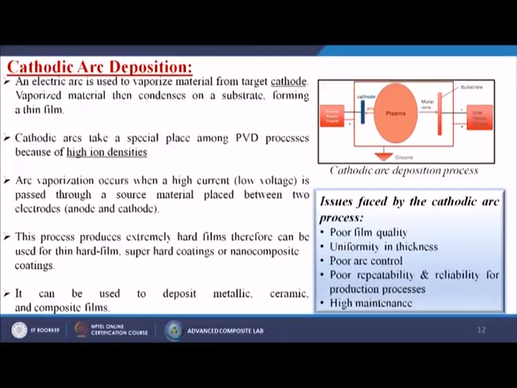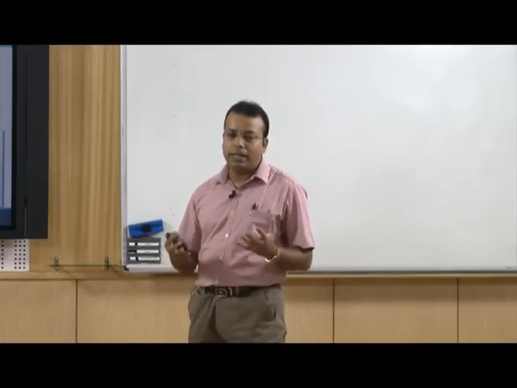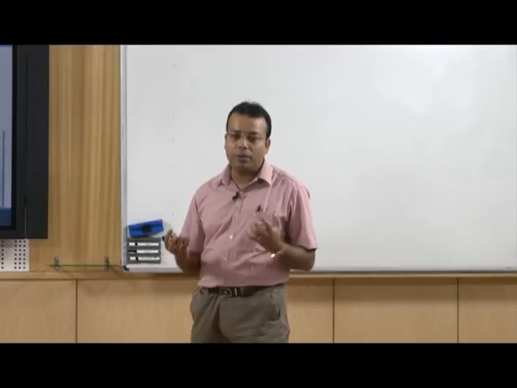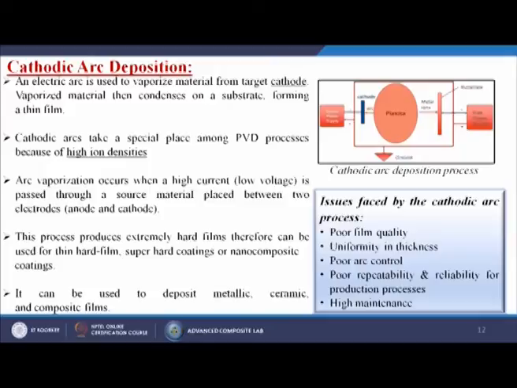So, cathodic arc takes a special place among PVD processes because of high ion densities. The technique may be matched 90% with other techniques, but here the density of the ions we are getting is more than in the other processes. Arc vaporization occurs when a high current, low voltage is passed through a source material placed between two electrodes, anode and cathode.